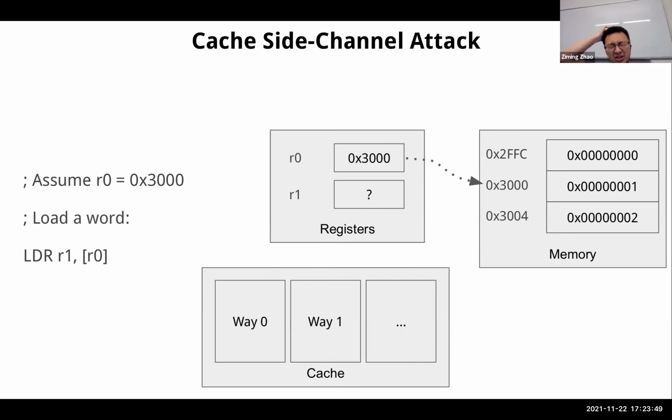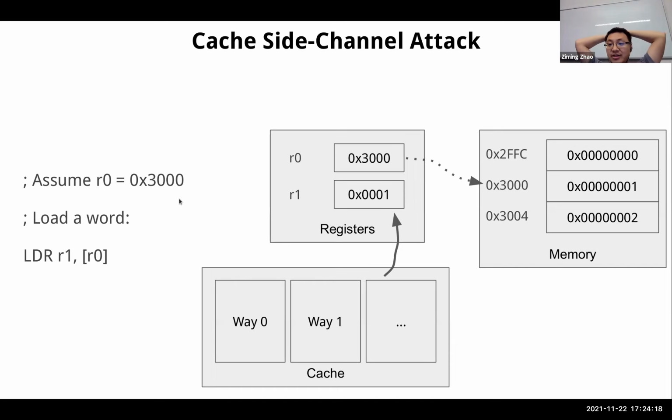What really happens is between the register and the memory, we have this thing, cache. When this instruction is executed, the CPU will first try to retrieve the data at the location 3000 hex from the cache. The CPU will ask the cache, do you have the data at this memory address?